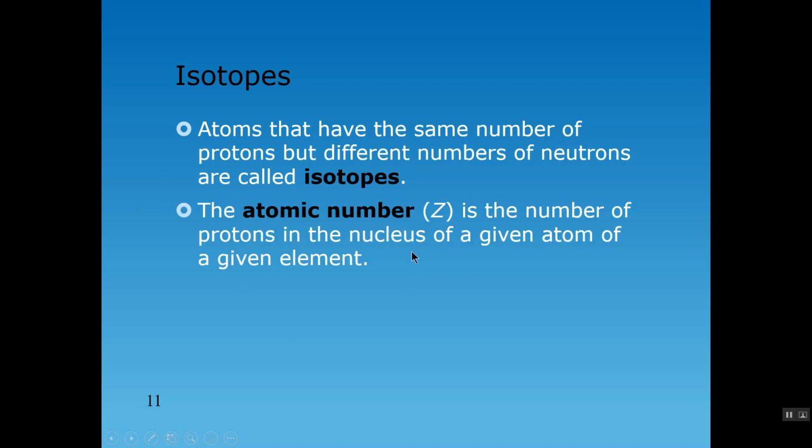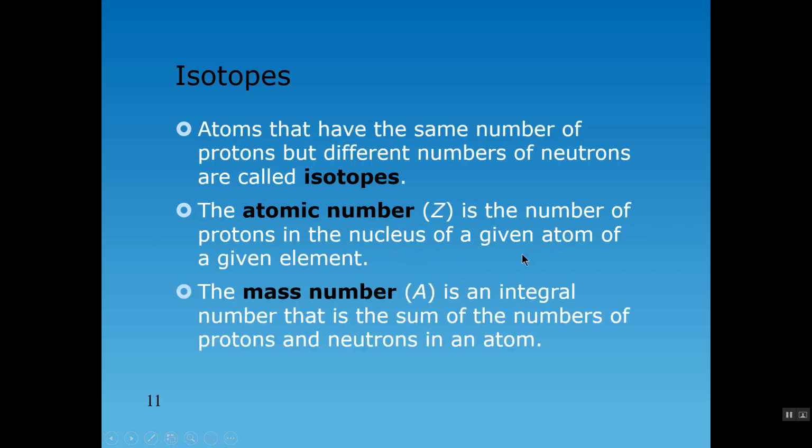So let's review some definitions here. The atomic number, of course, is by definition the number of protons in the nucleus of an atom, and that number is what is used to identify the element. So each element has its own unique atomic number. And then the mass number is the sum of the numbers of protons and neutrons present in the nucleus of an atom.